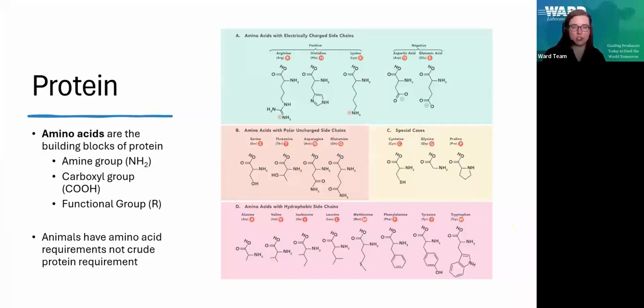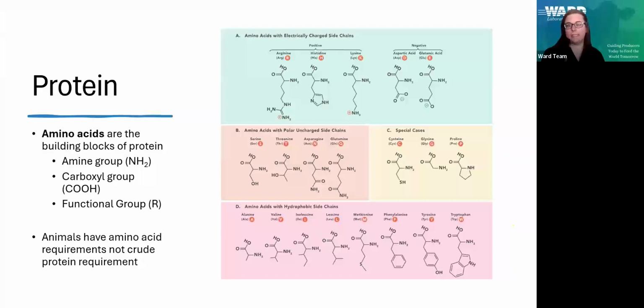Protein is actually amino acids, which are then linked together in a chain, and then they're folded and folded and folded into that protein structure. And that's really, truly what a protein is. And so it's important to know that animals don't have a requirement for protein. What they have is a requirement for specific amino acids.